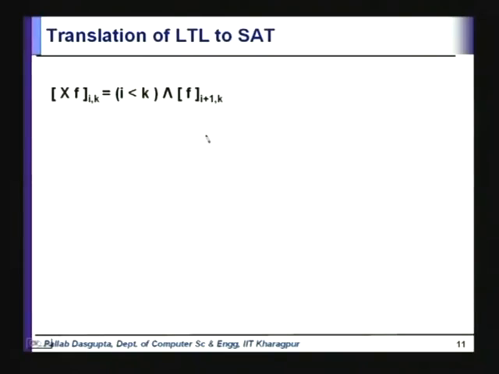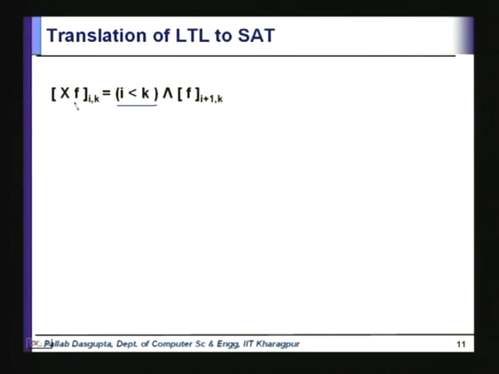If F is not Boolean, then we look at these things. Then what can it be? It can be XF or G of F or F of the formula or until. Now, if it is XF_i^k, then we add the clause i less than k, because otherwise this has failed, and we say that F should hold in i plus 1.